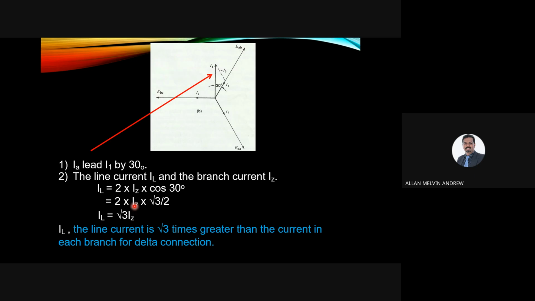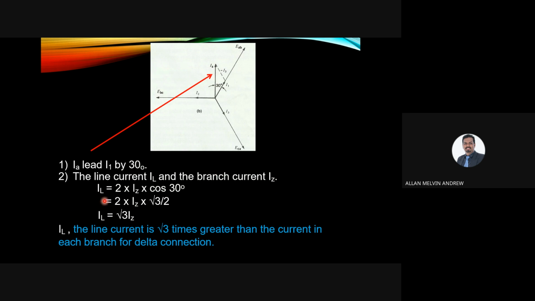As we can see, IA leads I1 by 30 degrees. So in delta we have two things: the line current IL and the branch current IZ. IL is the line current, IZ is the branch current.